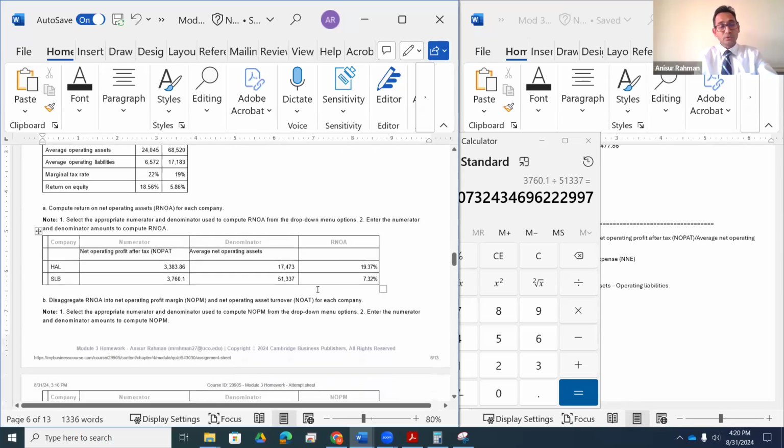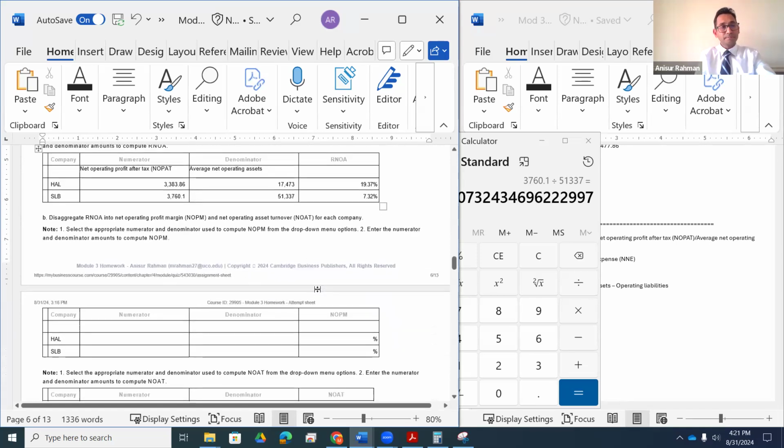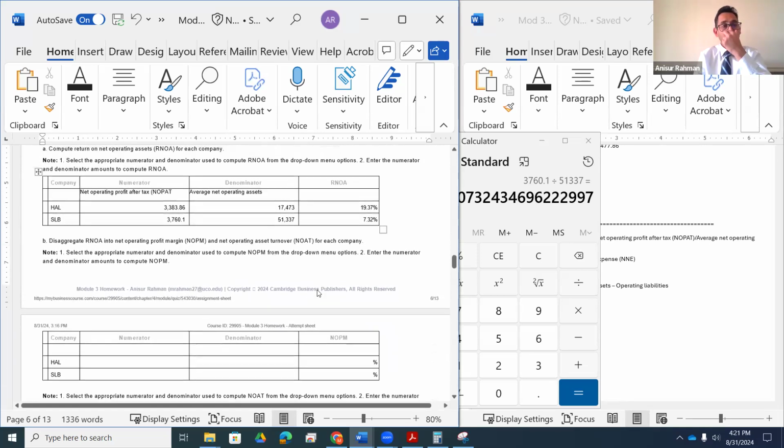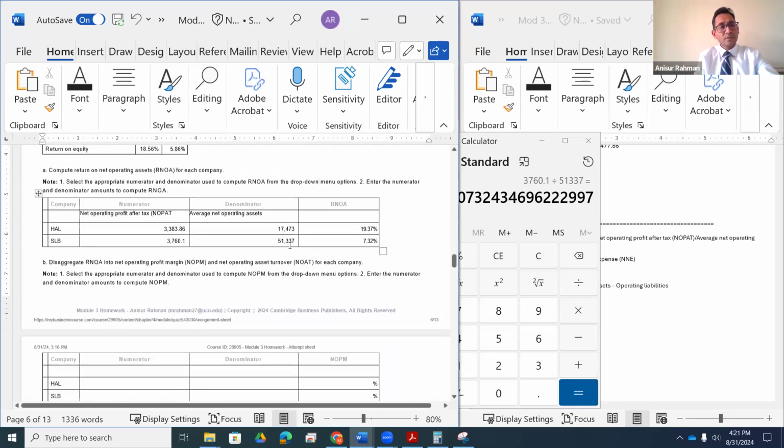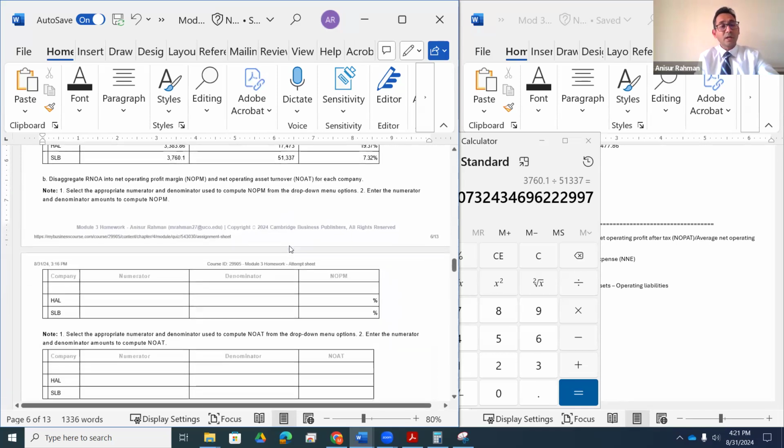So moving on to part B. Disaggregate RNOA, return on net operating assets, into net operating profit margin and net operating asset turnover. So first we have to calculate net operating profit margin, in short, NOPM.